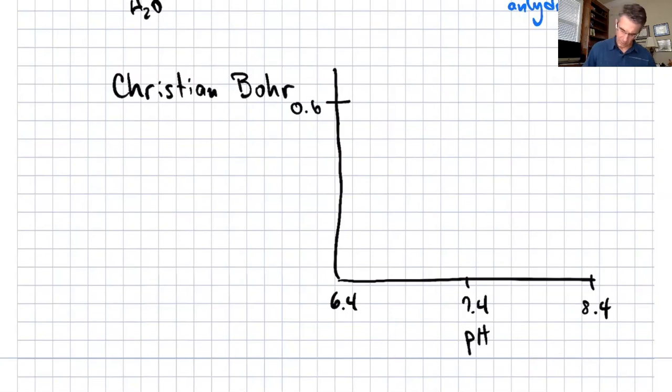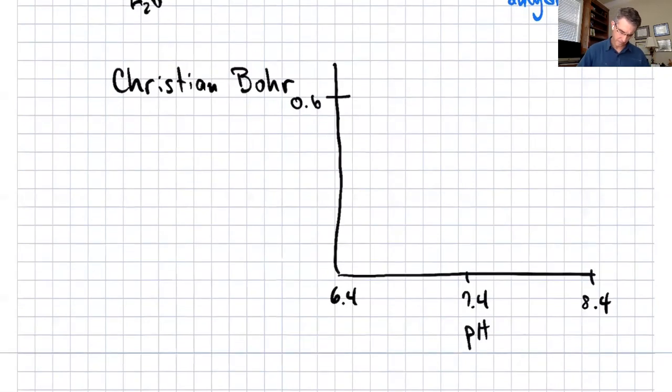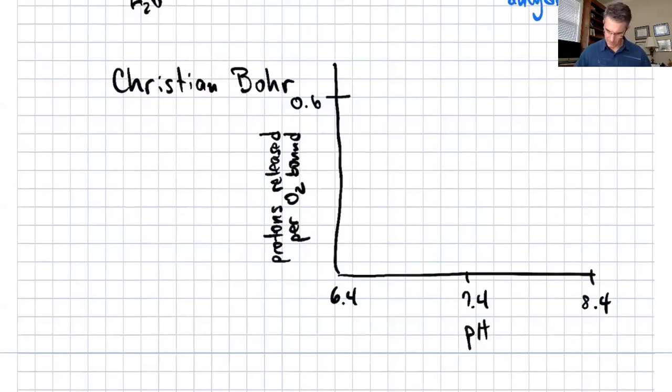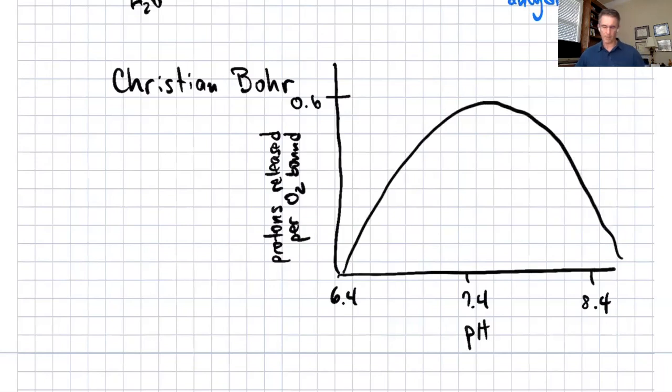So when he looked at the protons released per oxygen bound to hemoglobin, what he found was that at around neutral pH, for every oxygen bound, the hemoglobin molecule would almost give up a proton, a little less than one proton, right, for each oxygen bound. So binding of oxygen made hemoglobin a better acid.